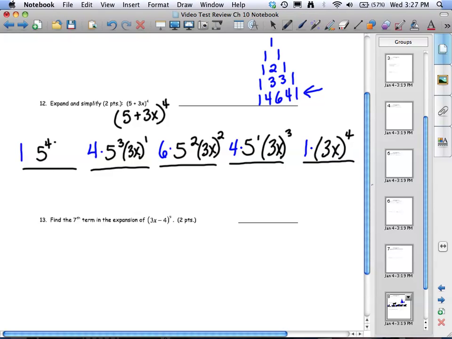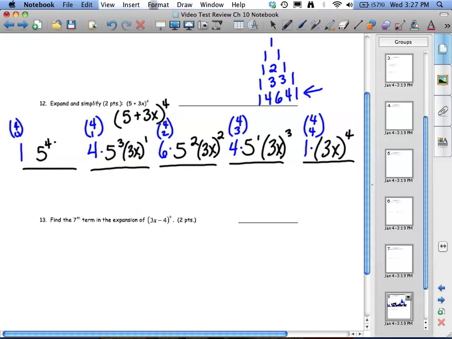If you don't like using Pascal's triangle, you can do 4 choose 0, which is 1, 4 choose 1, which is 4, 4 choose 2, which is 6, 4 choose 3, which is 4, and 4 choose 4, which is 1. So whichever way you'd want to figure it out, that's what you would get.